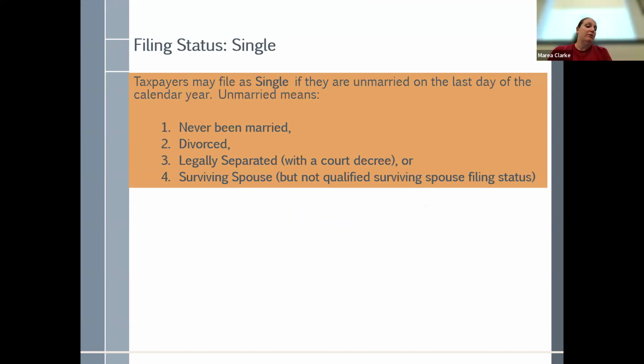Unmarried means that they're either never married, they are divorced, so the legal document for their divorce is finalized and complete, they can be legally separated with a court decree, or they can be a surviving spouse, but not a qualified surviving spouse. And so unmarried is unmarried. Generally, there's not any choice about filing as single, right? If you meet one of these criteria, you have to file as a single individual.